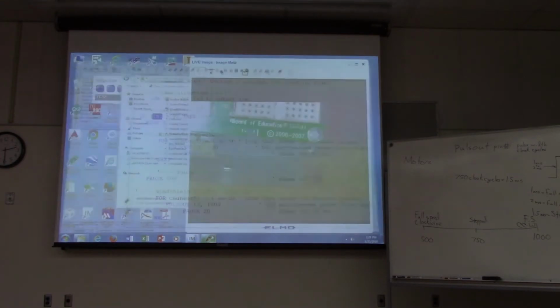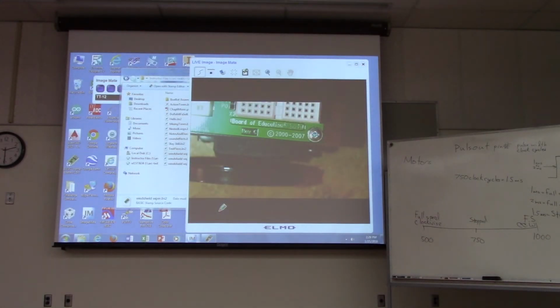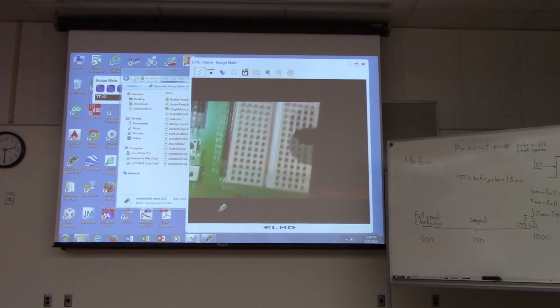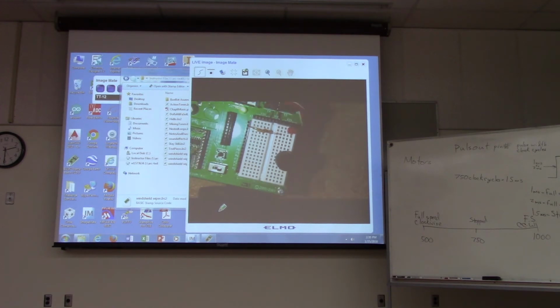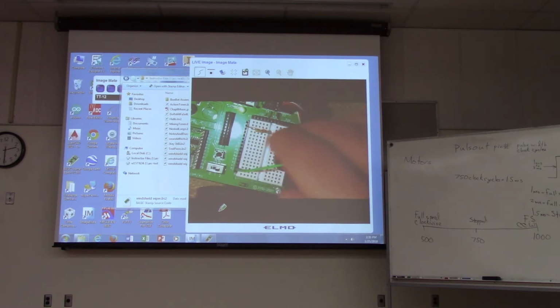We are going to attach a jumper wire to pin number 1, and this jumper wire is going to be our switch. It doesn't look like a switch that you've seen before, but this is going to be the switch that we're going to use today.